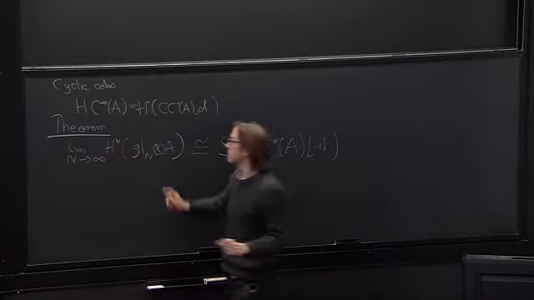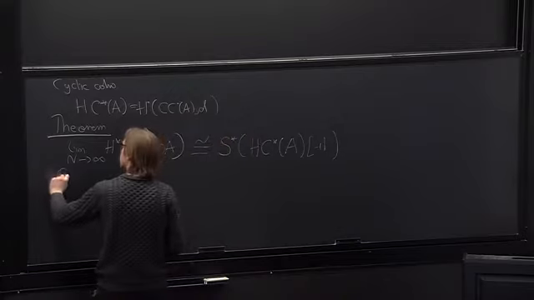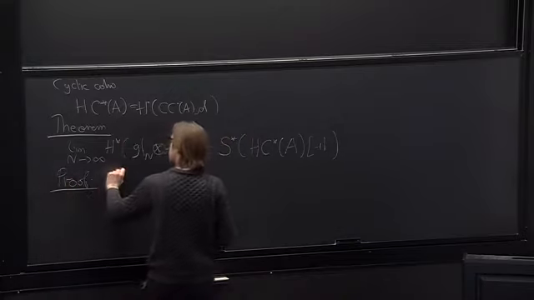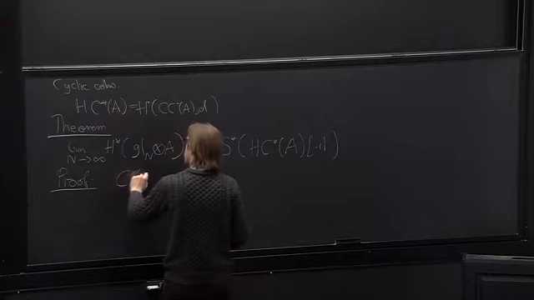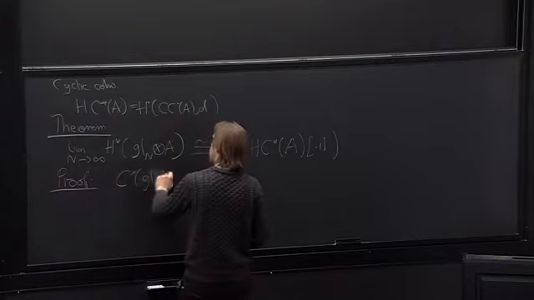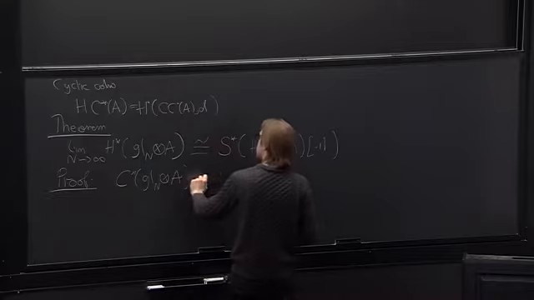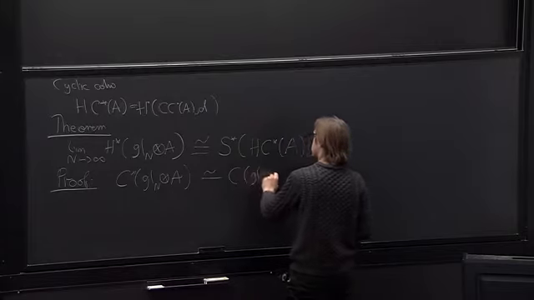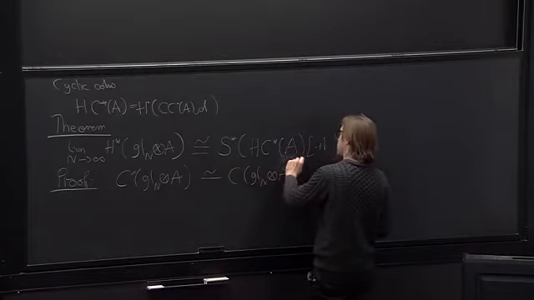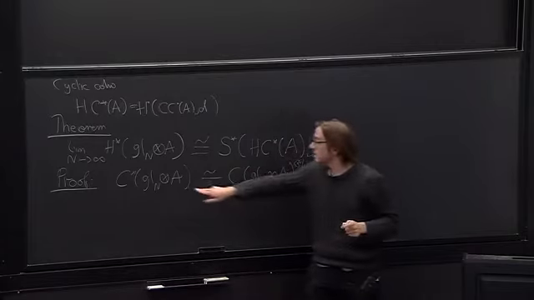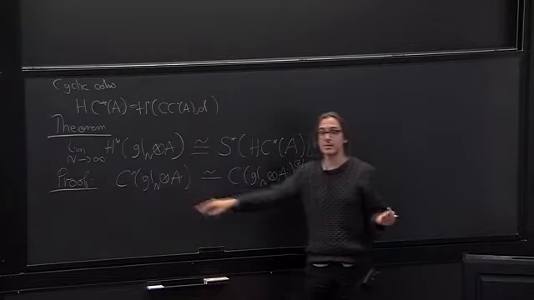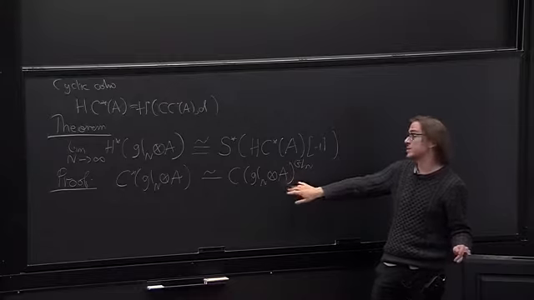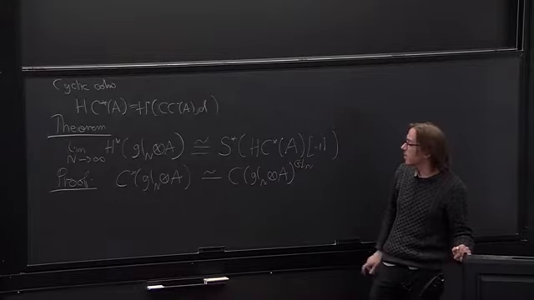So why is that? Well, this guy, GL_N tensor A, has the same cohomology as the GL_N invariants. If we're thinking of this as some model of local operators in the gauge theory, of course only GL_N invariant things will contribute to the cohomology, but this is a general fact about Lie algebra cohomology.